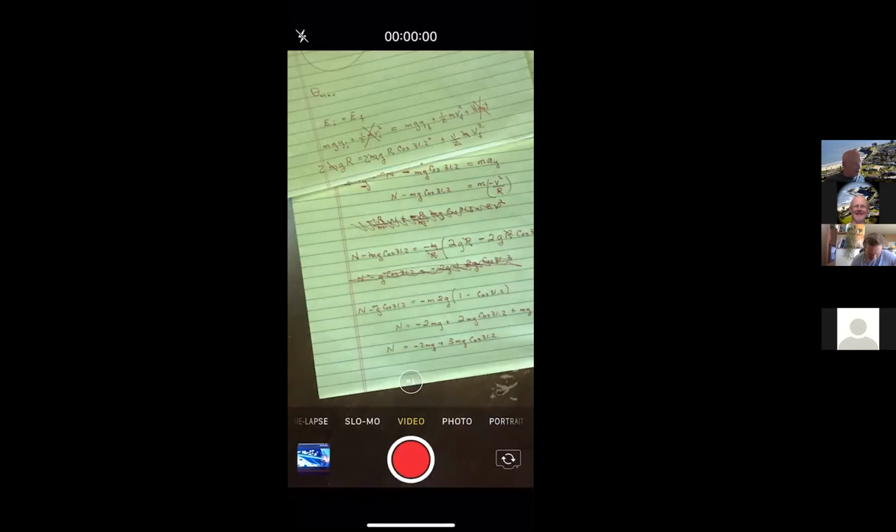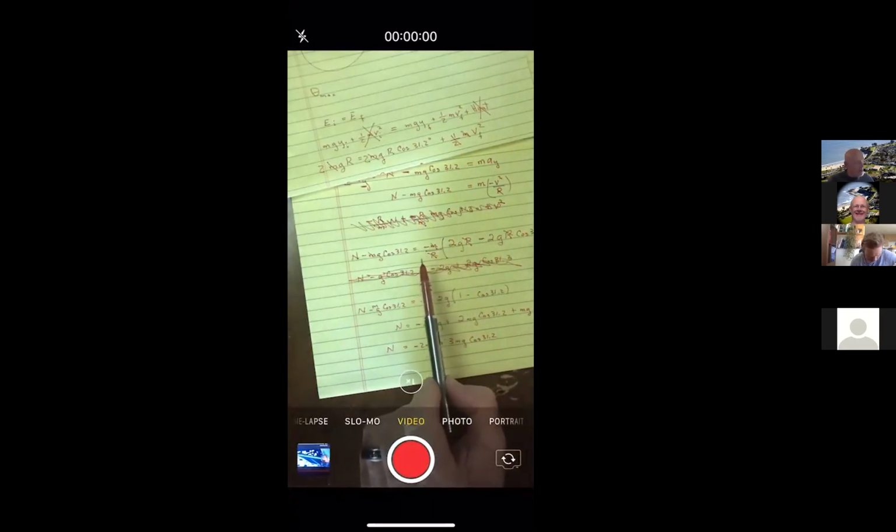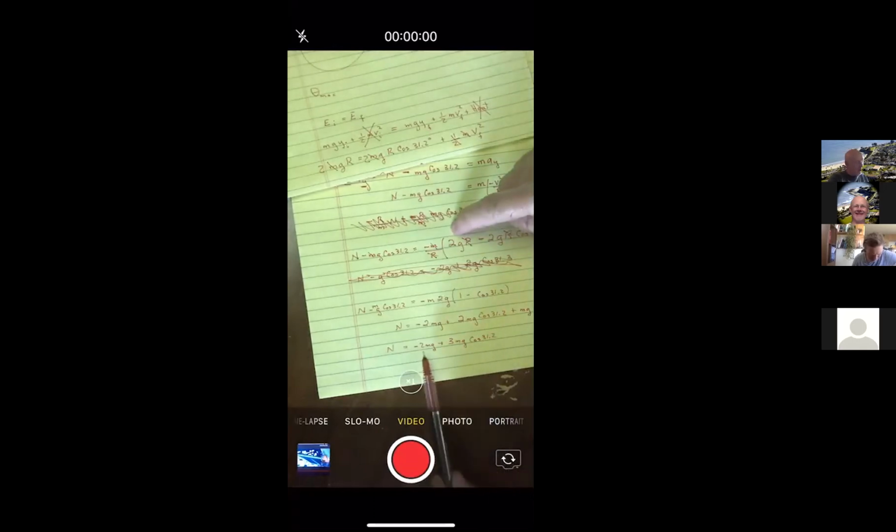I'm just looking back over my algebra. I think I got that right. I think you did too. I had this negative m over r and then this v squared, so that's a 2gr minus 2gr. Now that cancels, and so you're going to be left with a 2mg here. And then this one over makes a third. So 3 mg's, and then over here is 2 of them.